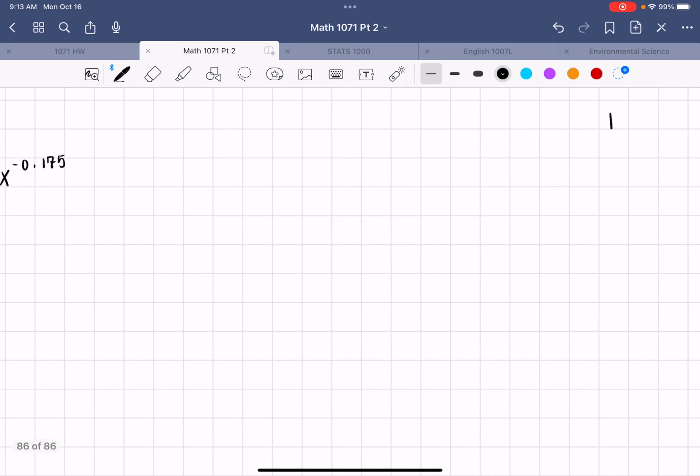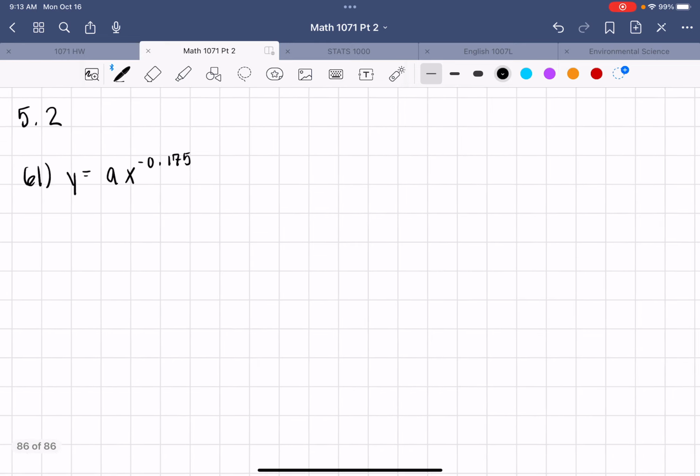Okay, the point of the learning curve: the more often you do something, the easier it becomes. So x is the number of labor hours, and y is the number of goods produced. And it says find the first and second derivative and sketch the graph.